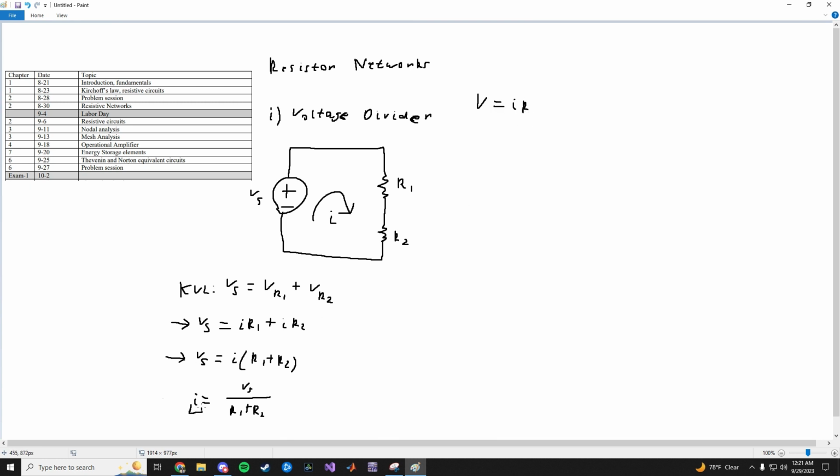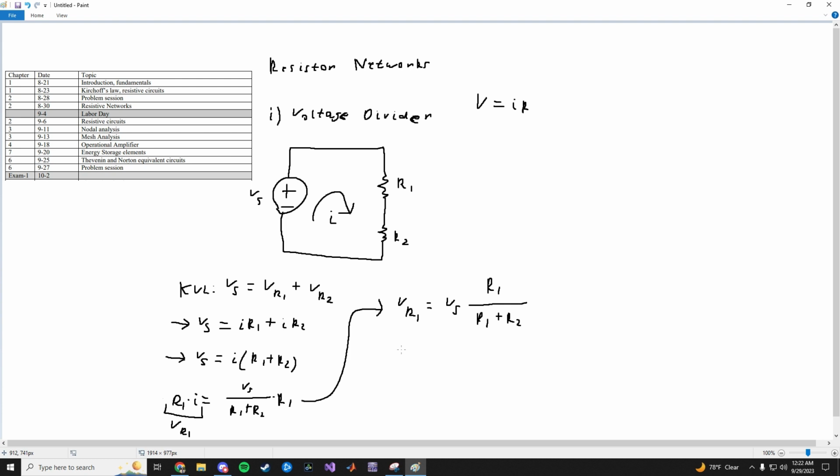If I multiply by R1, that would be the voltage across R1. So we multiply by R1 on both sides. On the left-hand side, R1 times I is just the voltage across R1. So the voltage across R1 is equal to VS times R1 over R1 plus R2.